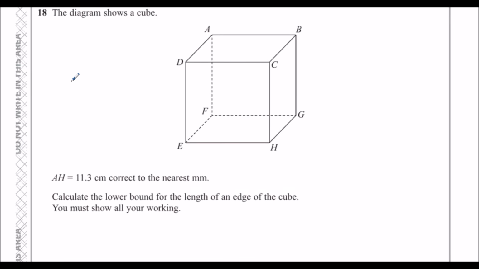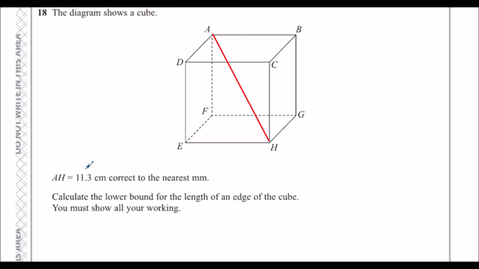Question 18. The diagram shows a cube. AH is 11.3 centimeters. So A to H is the diagonal along here, 11.3 centimeters, correct to the nearest millimeter. So we've got a bounds question. Calculate the lower bound for the length of an edge of the cube.